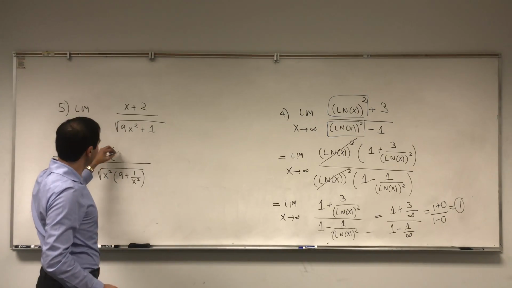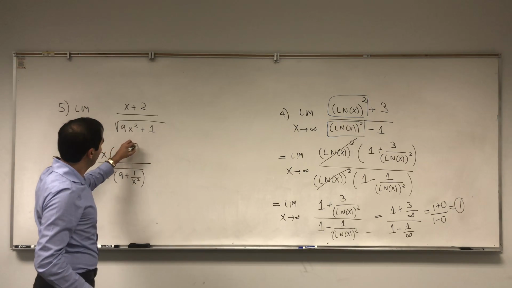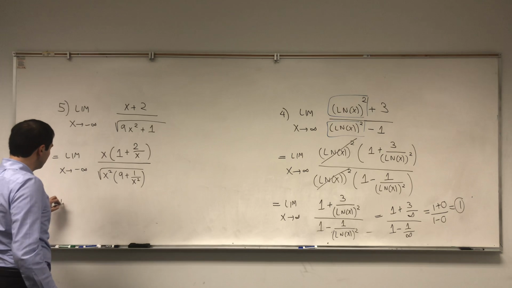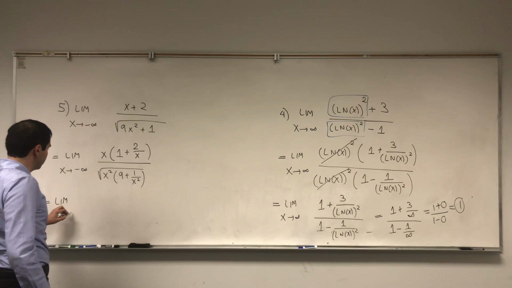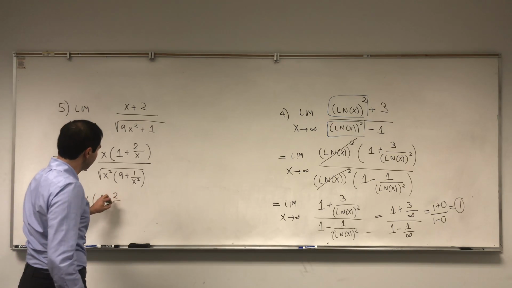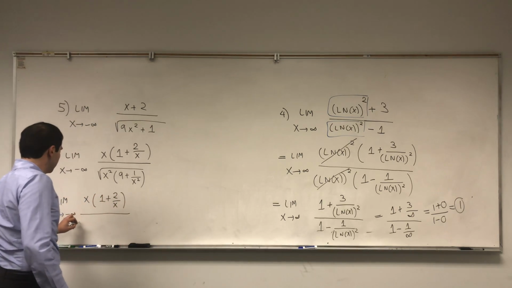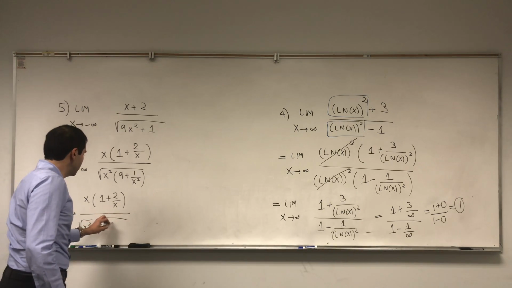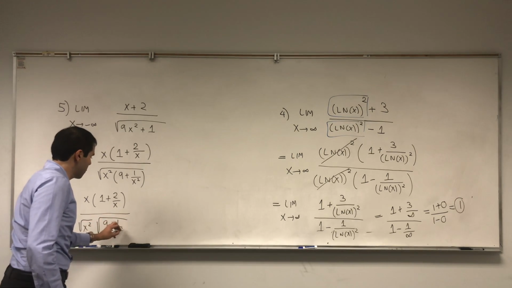For the ratio, also factor out x here: 1 plus 2 over x. And then what you get is limit x goes to minus infinity of x times (1 plus 2 over x), and then square root of x squared, square root of 9 plus 1 over x squared.